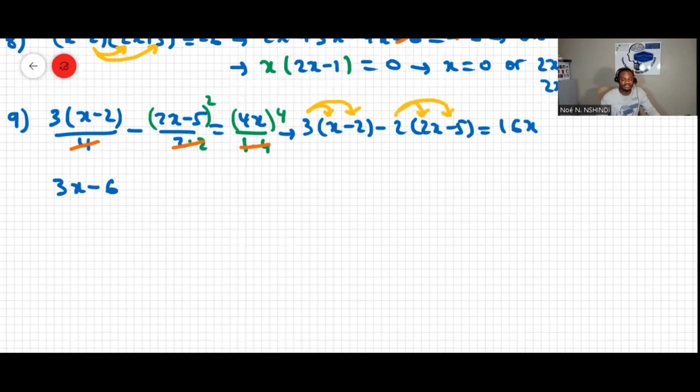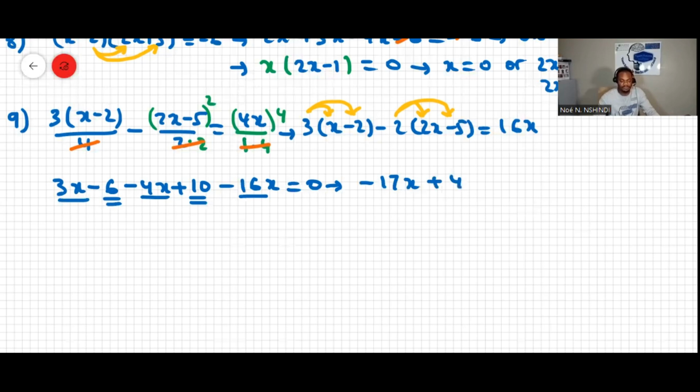That makes 3x minus 6 minus 4x plus 10. If I move the positive 16x over, it becomes negative 16x equals 0. Then this makes negative 17x, and negative 6 plus 10 makes positive 4, so plus 4 equals 0.